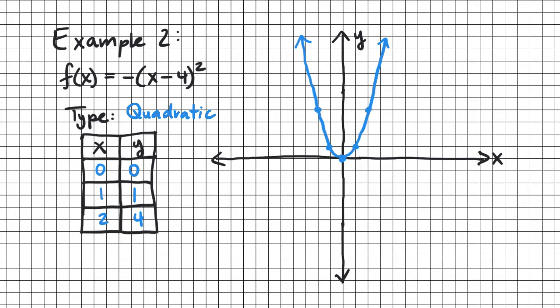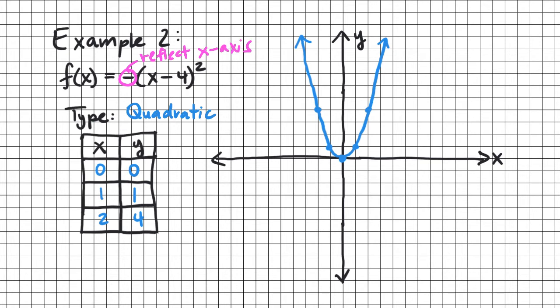I actually like how that curve came out. Okay, let's see what's going on here. We have a negative outside, but negative always means reflect. And since it's outside, it's going to reflect on the x-axis.